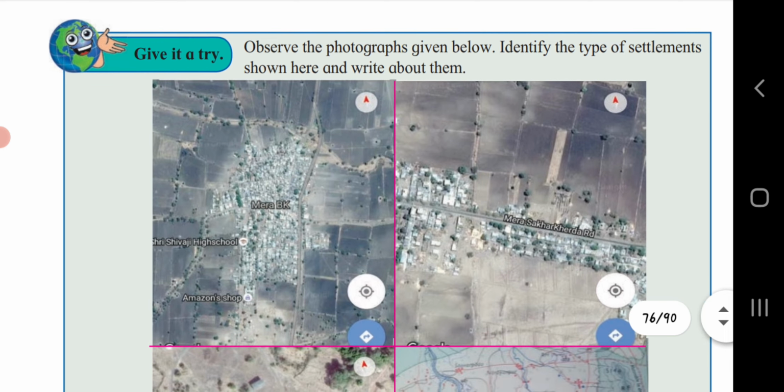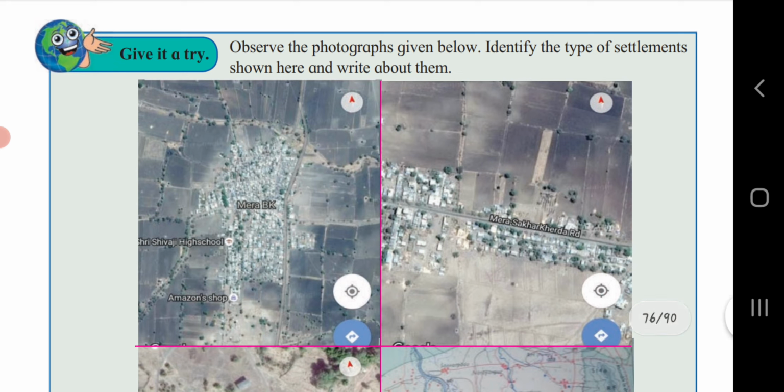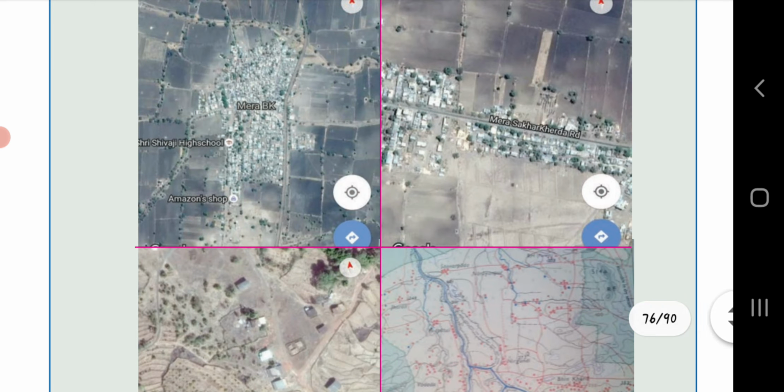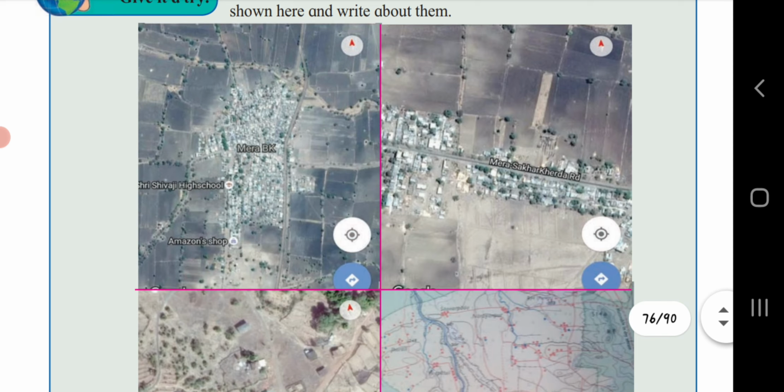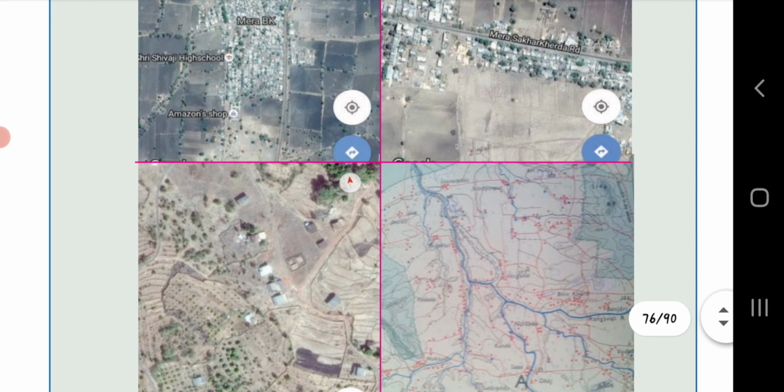Give it a try. Observe the photograph given below. Identify the type of settlement shown here and write about it. Development is shown in this picture. You can see in the picture that a little development is shown here. Again here another type of development is increasing.